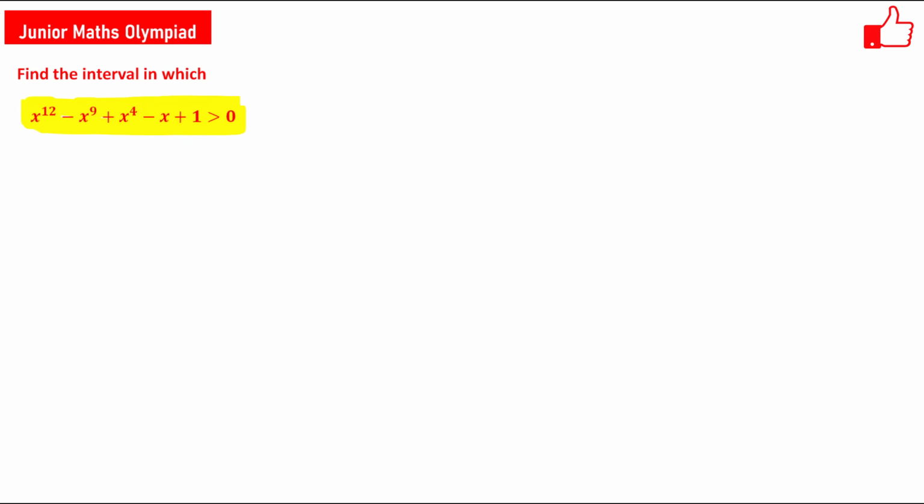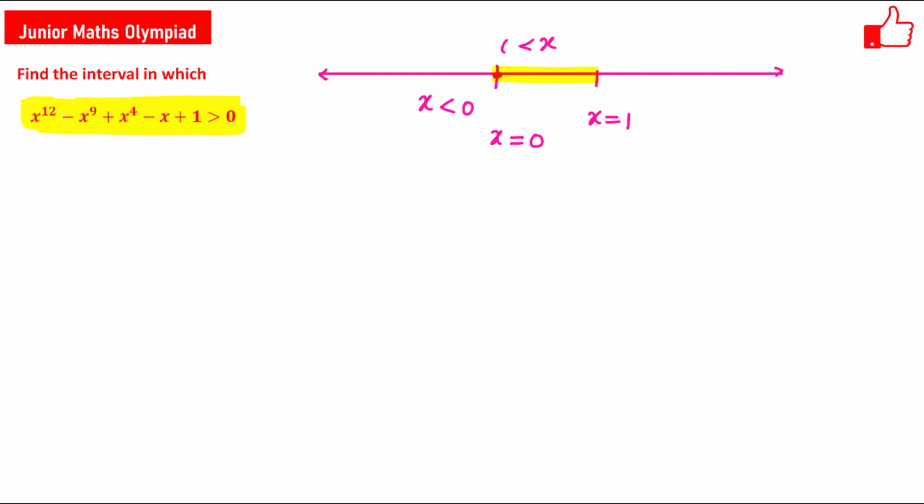To solve this problem, let us consider the number line and different cases. First we will consider x is less than 0, then x is equal to 0, then when x lies between 0 and 1, that is this region, and finally if x is greater than 1, that is in this region.